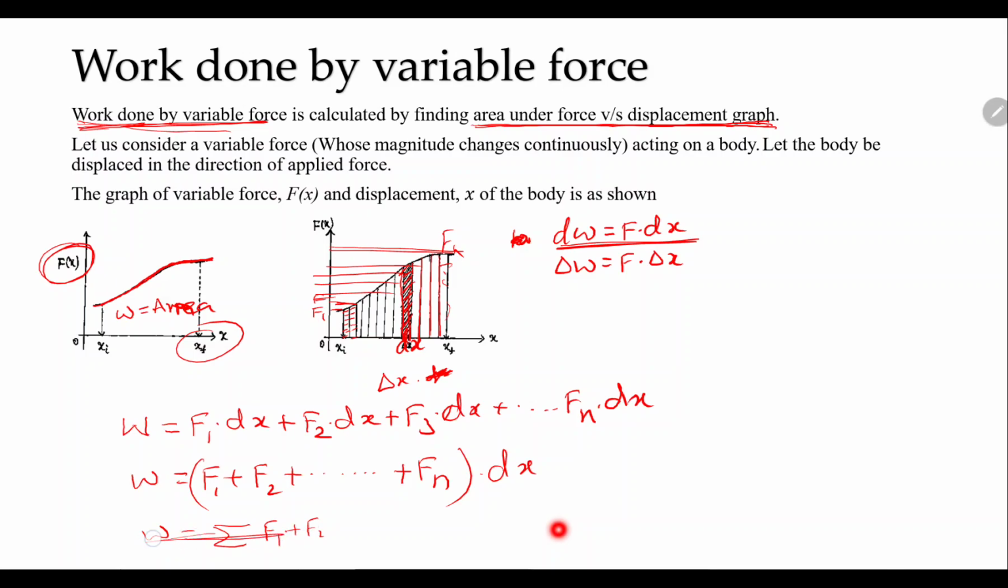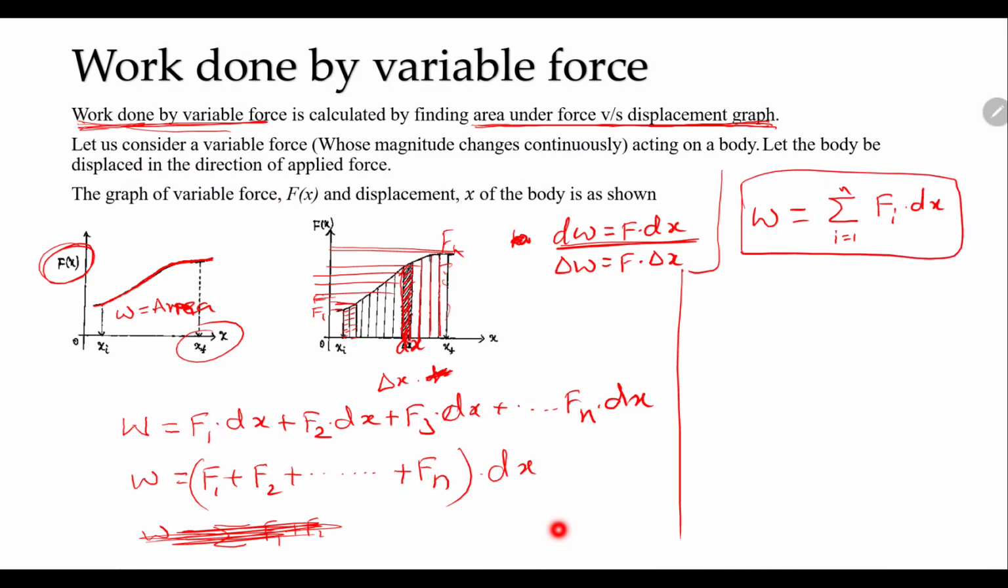Sorry, we have the summation, right? Let me write here. W is equal to summation Fi, where i varies from 1 to n, into dx. So this is how we can calculate the work done under this particular force.